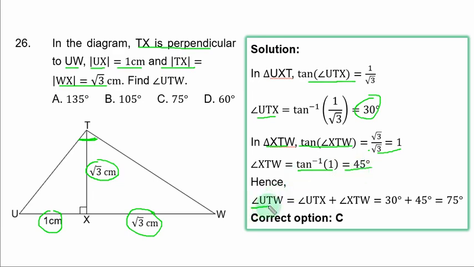Hence, angle UTW is equal to angle UTS plus angle STW. If you add both angles, that is 30 degrees plus 45 degrees, and you have 75 degrees. C is the correct option.